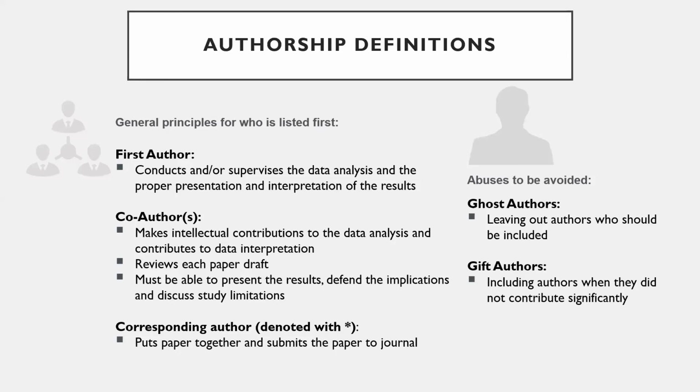So the general principle for the first author, mostly, is the one who finalizes and who conceptualizes the paper. So he's the one who is conducting the paper. So you, as a PhD student, you need to write a paper, and you will be the first author, and the second author should be your supervisor. Okay, this is very important during your PhD studies.